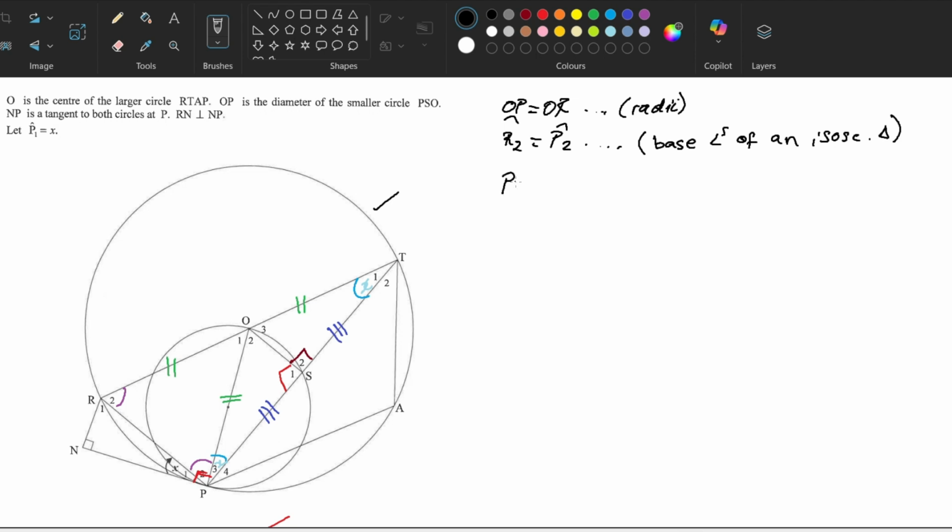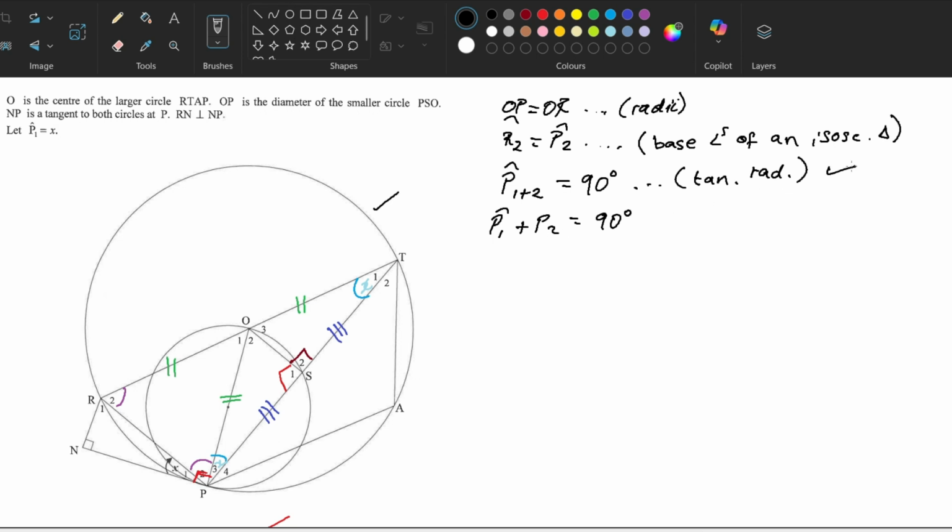You can say P1 plus P2 is equal to 90, right? Your reasoning, you're going to say tan radius. Remember, we said that these two angles equal 90 degrees because we have a radius and a tangent meeting each other. And then we can say P1 plus P2 is going to be equal to 90 degrees. For this, you cannot write a reason because we've written it already.